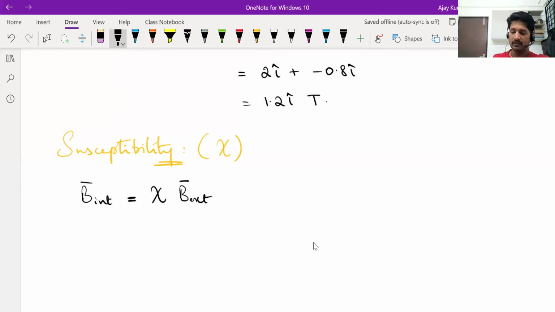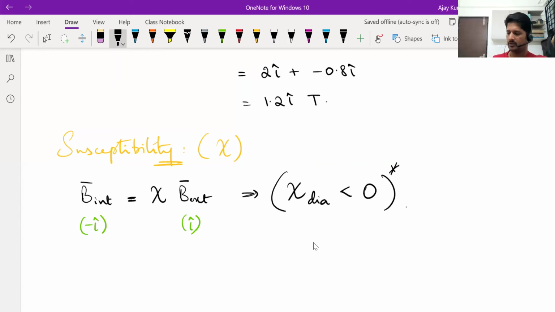Now see, the internal field here is opposite to the external field. This is in the minus i cap direction, this is in the plus i cap direction. To properly indicate that the internal field is opposite to the external field, the susceptibility of a diamagnetic substance must be negative. Okay, it is less than 0. Very important: diamagnetic substances have negative susceptibility values.